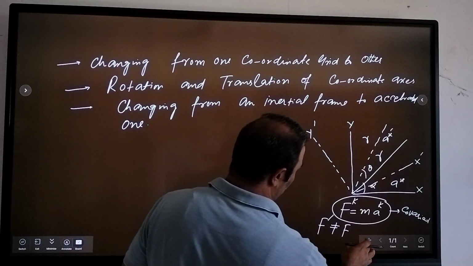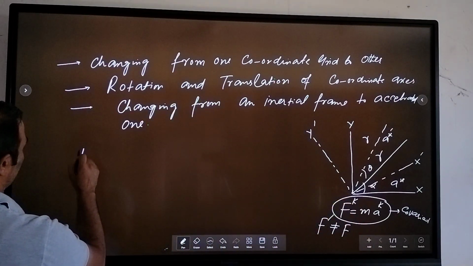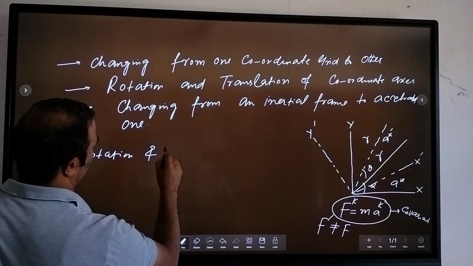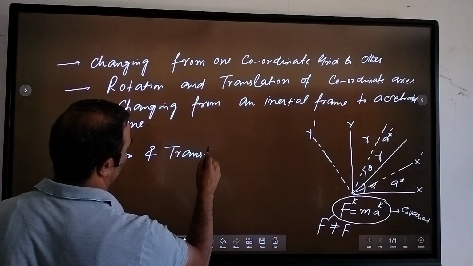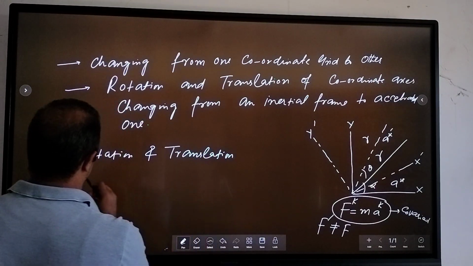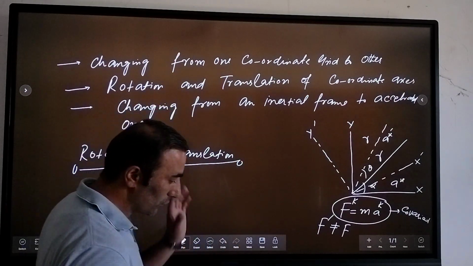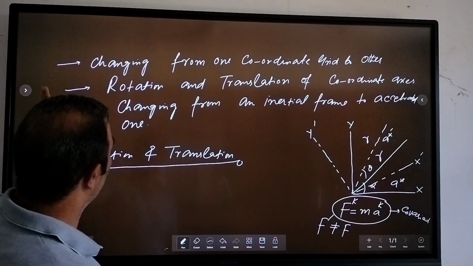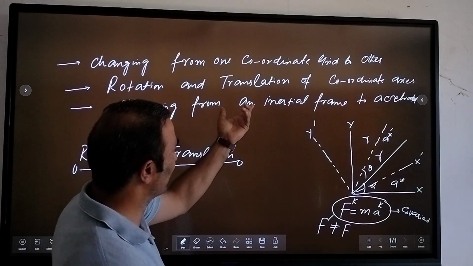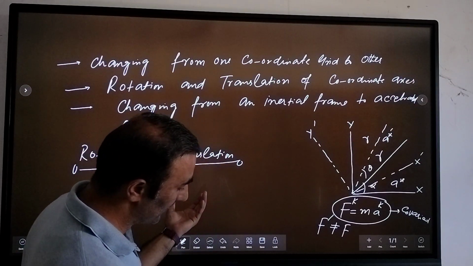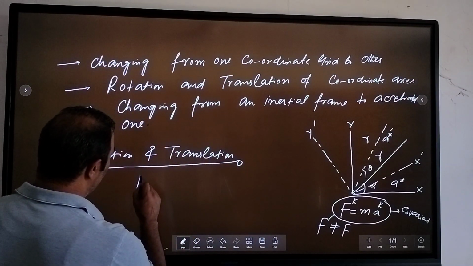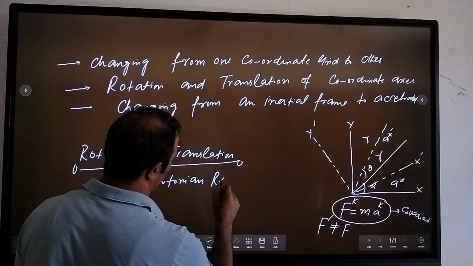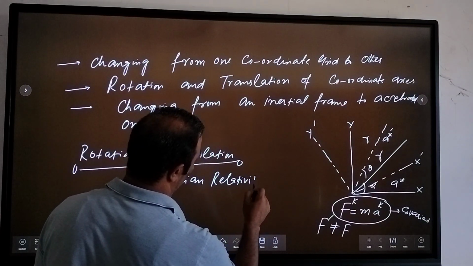So if we talk about this system, this rotation, this kind of motion, when you are going from rotation, or you can say the boost and translation of the coordinate axis, this includes our Newtonian relativity.